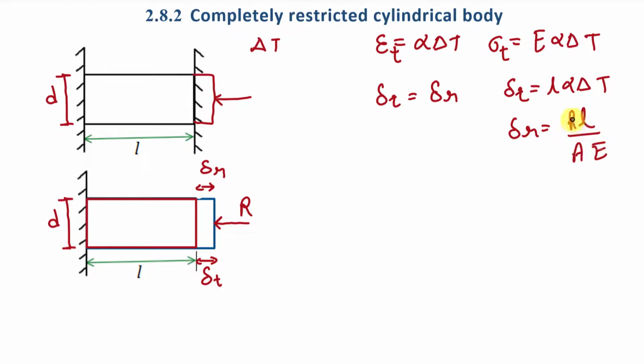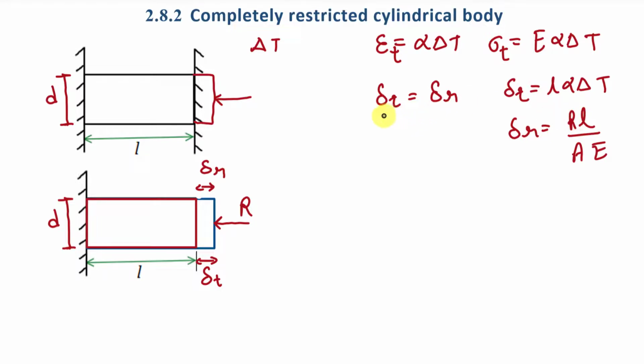It is similar to PL by AE. Here the value of load is R. Actually this R is a compressive load, right? So we have to take it negative, but we are only considering magnitude in this example. So we will take this R as positive.